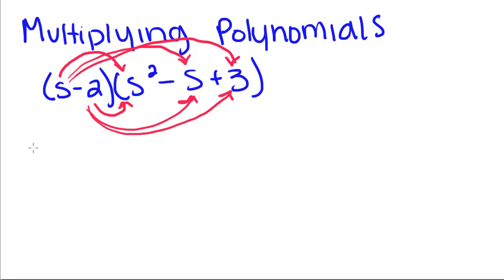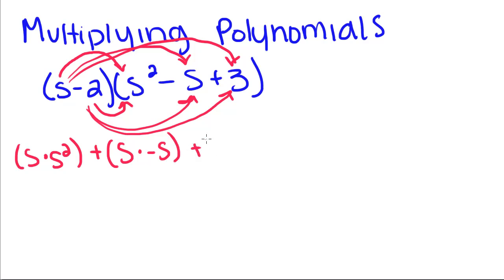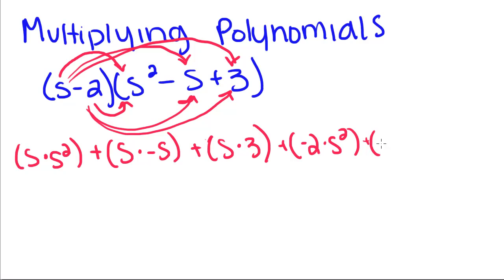So we're going to take s times s squared plus s times negative s plus s times 3 plus negative 2 times s squared plus negative 2 times negative s and negative 2 times 3. So now we just multiply each individual term.